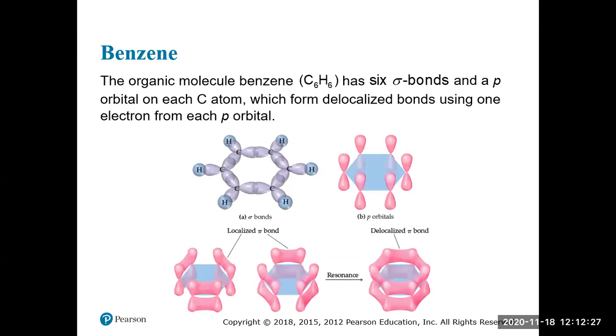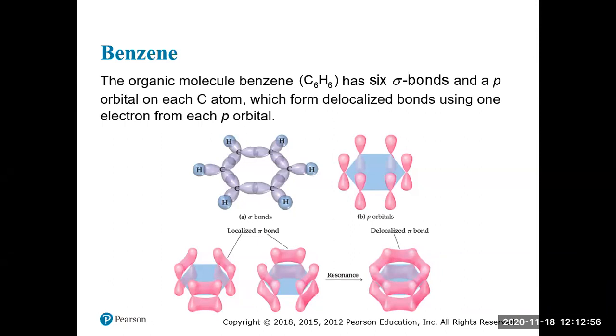Each of those carbons also has a p orbital. That's the second diagram, the picture of the p orbitals. We said just now that when we're talking about multi-bonding, we have a sigma bond, and then everything after that is a pi bond.